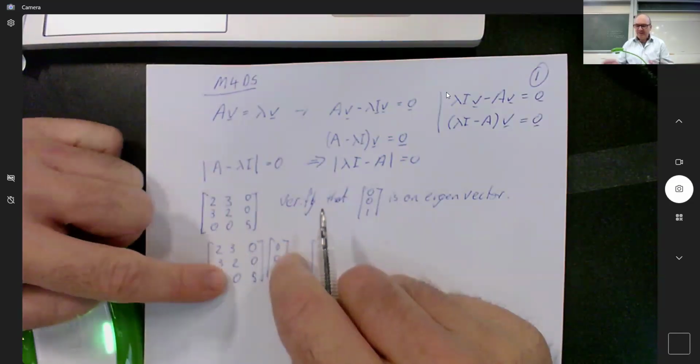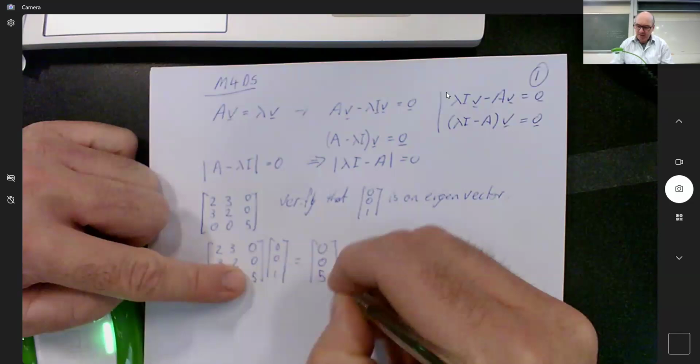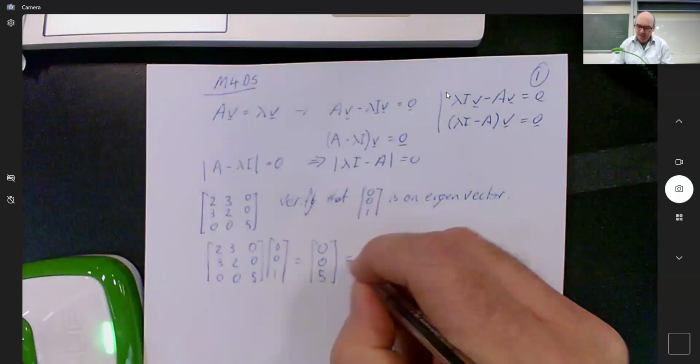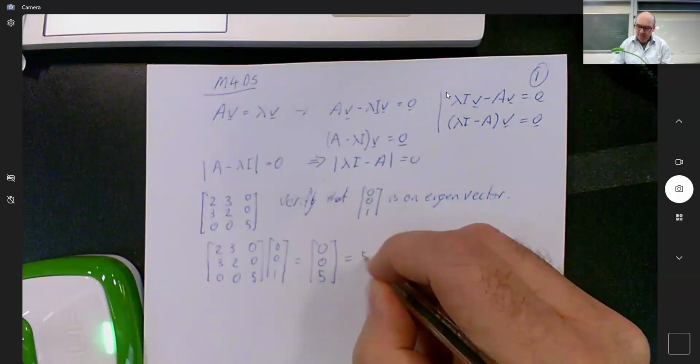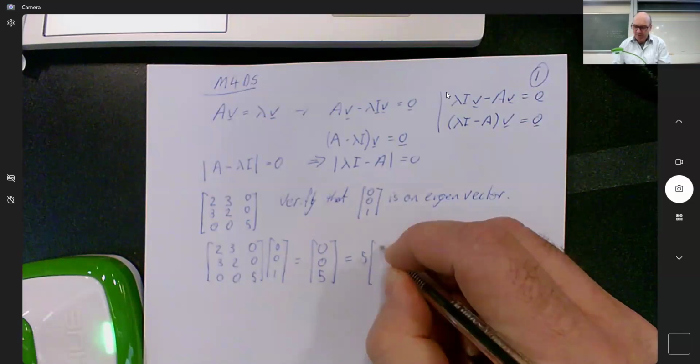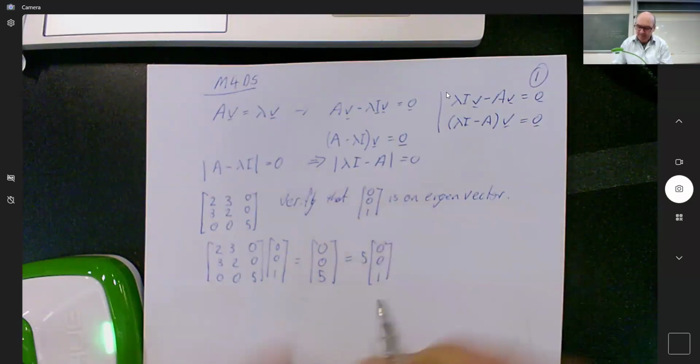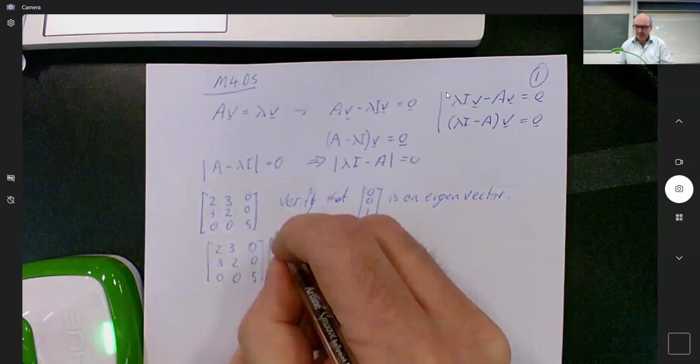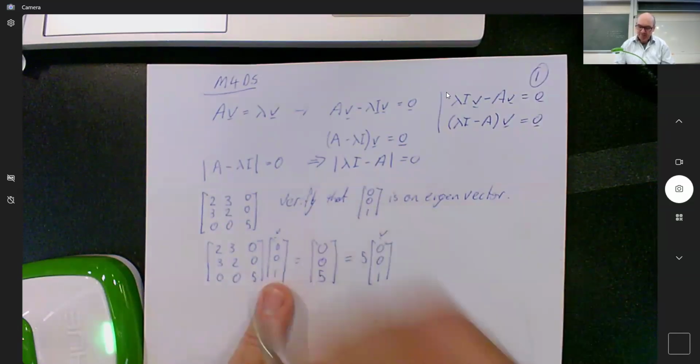When it's saying verify this is an eigenvector, I want to be able to say that can be written as 5 times the very vector that I started with. So this thing here and this thing here are the same thing, and so this must be my lambda.